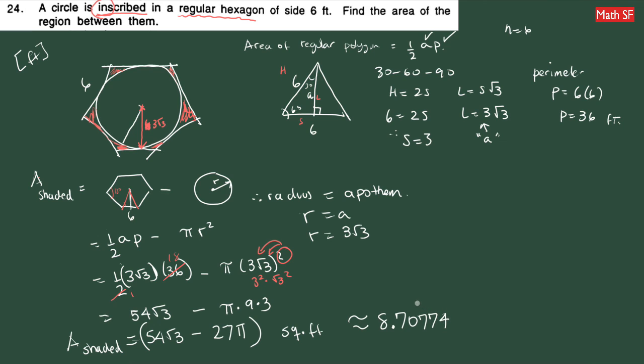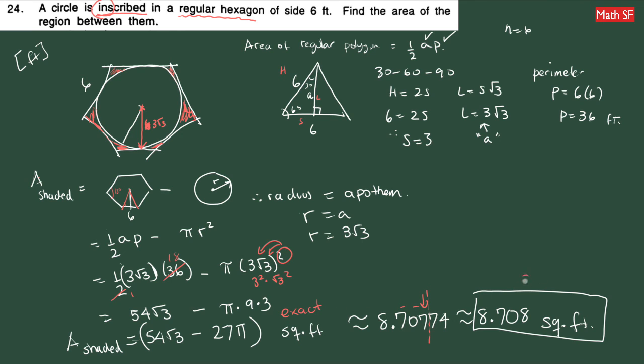Round to the nearest thousandth: tenths, hundredths, thousandths. This is approximately 8.708 square feet. So this is your approximate answer, and this was the exact answer. The one here is the exact answer, and this is your approximate answer.